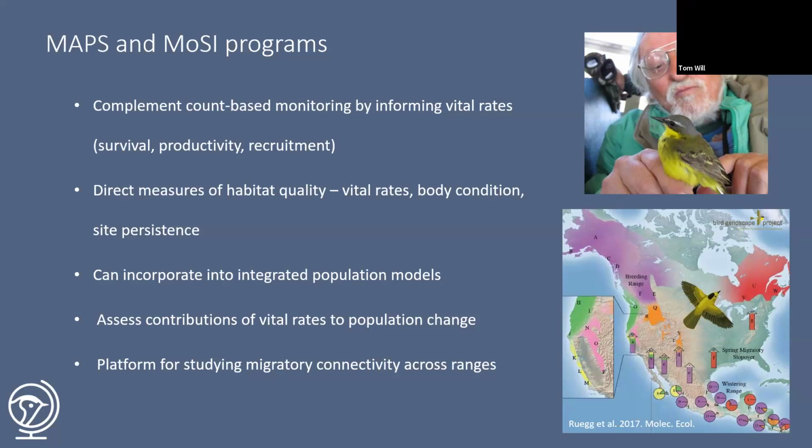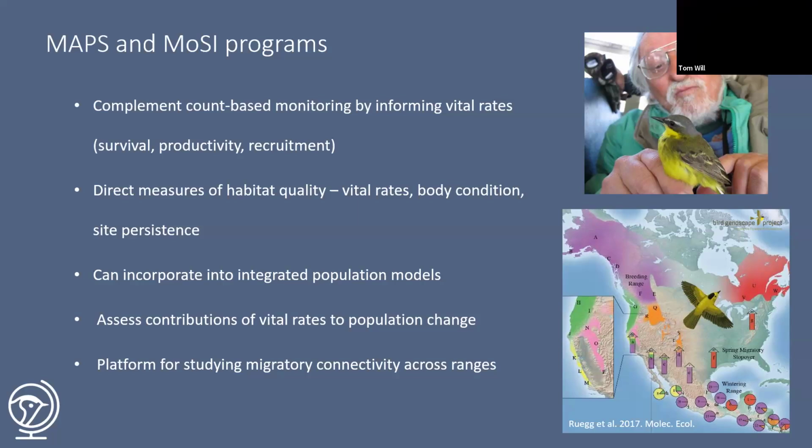In addition to the vital rates, we have population level information, and you get all kinds of data on individuals, like body condition as well. Incorporating this into integrated population models is a big goal and a big focus of recent work. And from those models, assess contributions of these vital rates to population change.